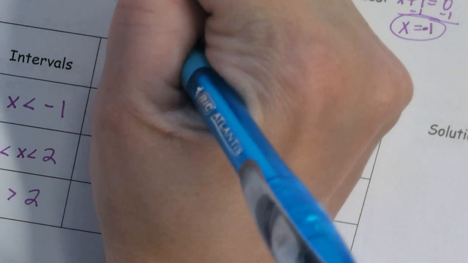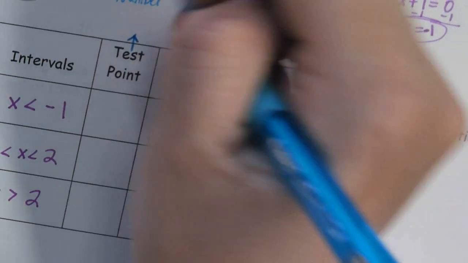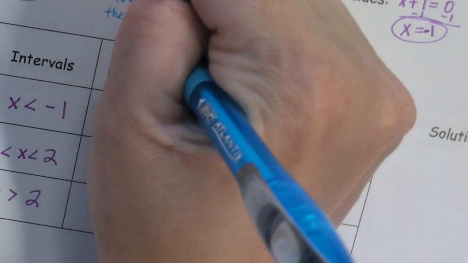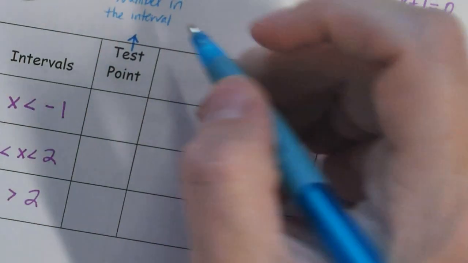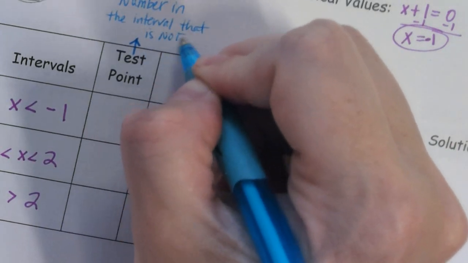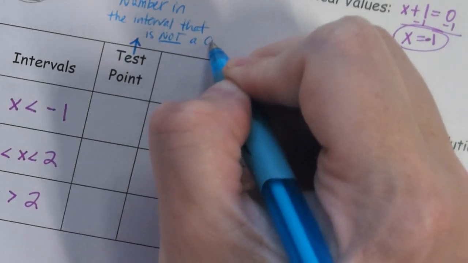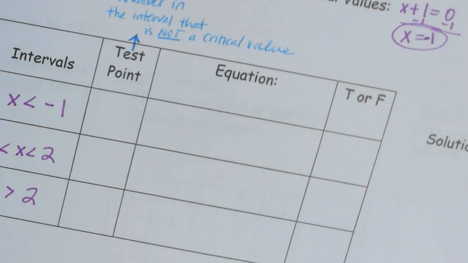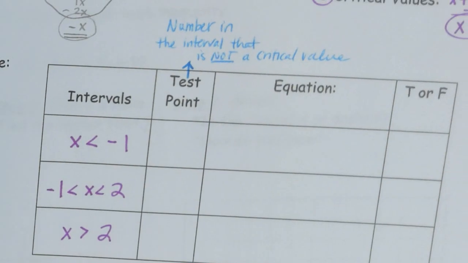So this should be some number in the interval that is not a critical value.